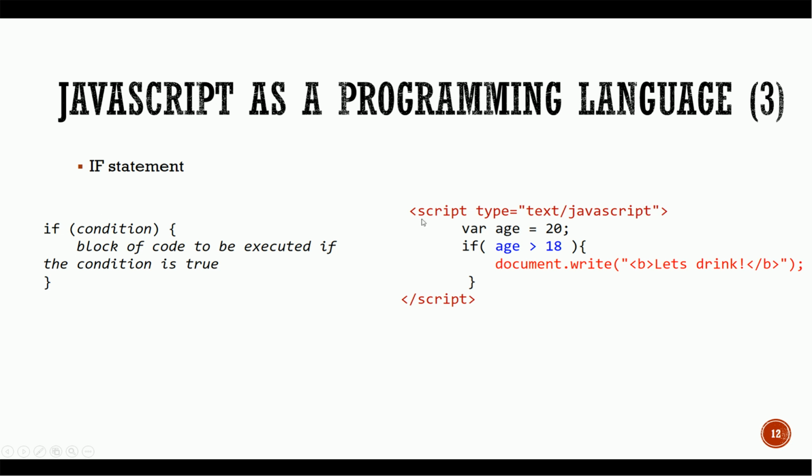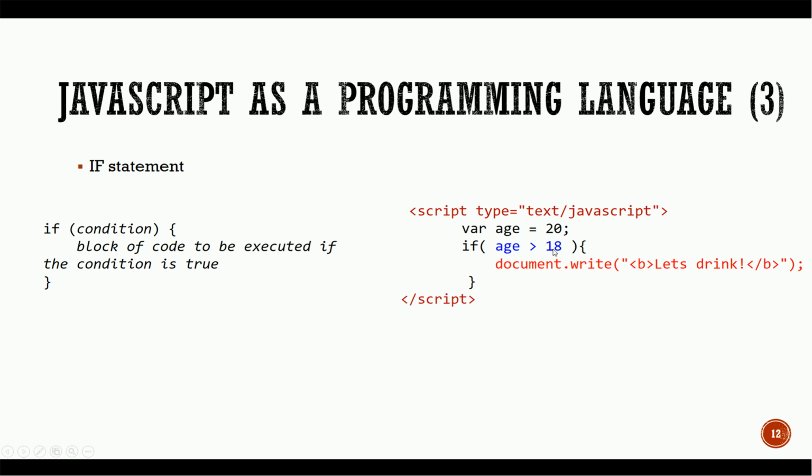See the example on the right hand side. First we declare a variable and assign the value 20 to it. And we ask if the age variable is larger than 18, then we will do the statement inside the if statement.